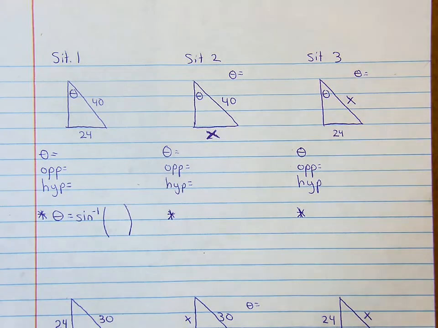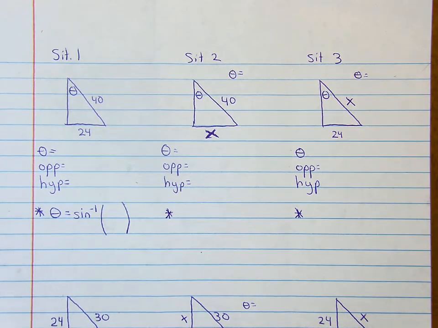Feel free to copy these down. You can try them on your own, and I am going to work through them also to help you guys out. So feel free to pause the video, use your notes.